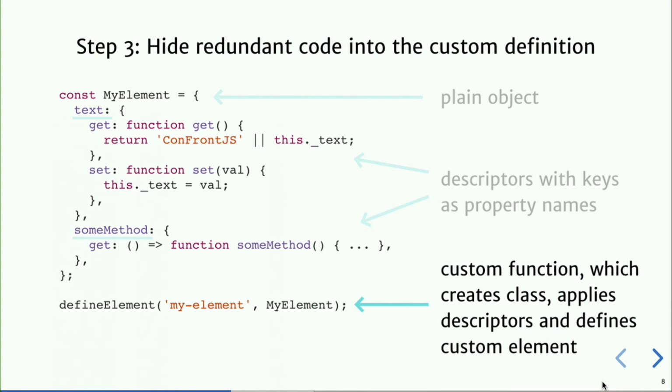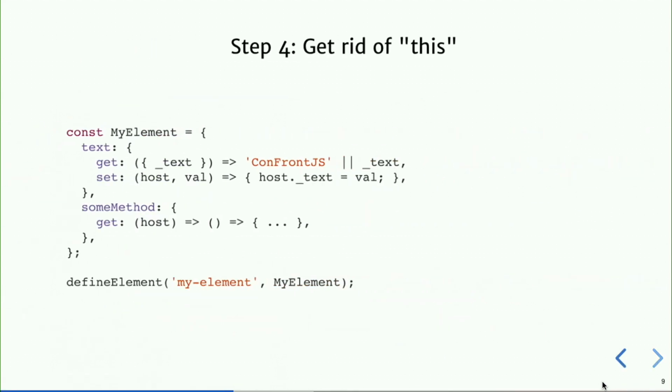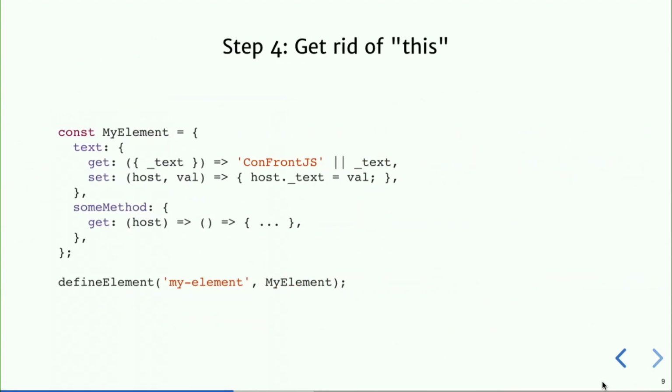Because if we have all control over the custom defineElement function, we can do really funny things. The first thing is that we can get rid of this. We don't want this, because it is confusing, we have to use function. We can use arrow functions and destructuring. So what you can see here is that our example is shrinking.